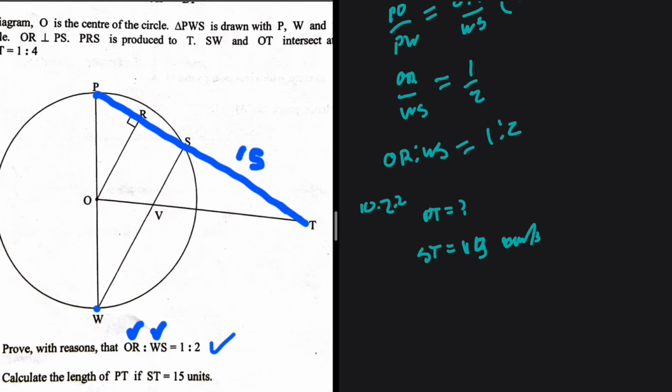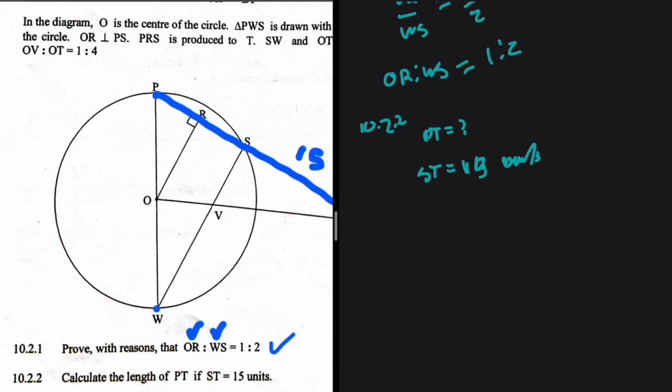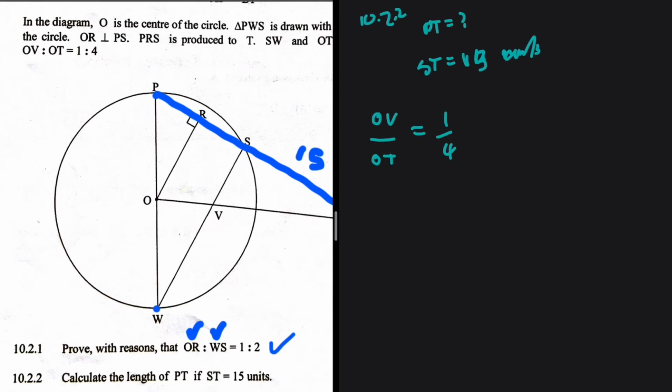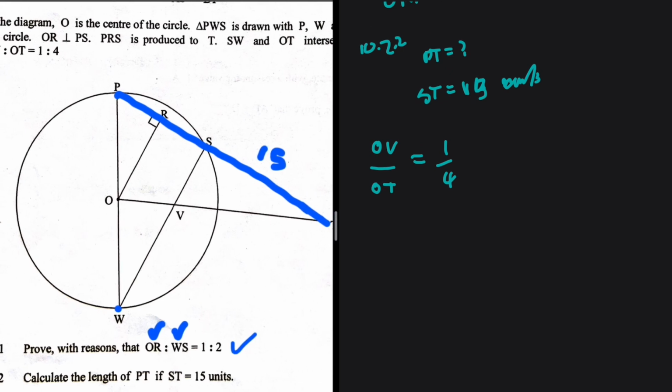In our question here, we are given that OV over OT is equal to 1 over 4. Let's see what we can cook there. This is parallel to this, as we showed. Yes, that is important. We need that there. And then OV, where is OV?